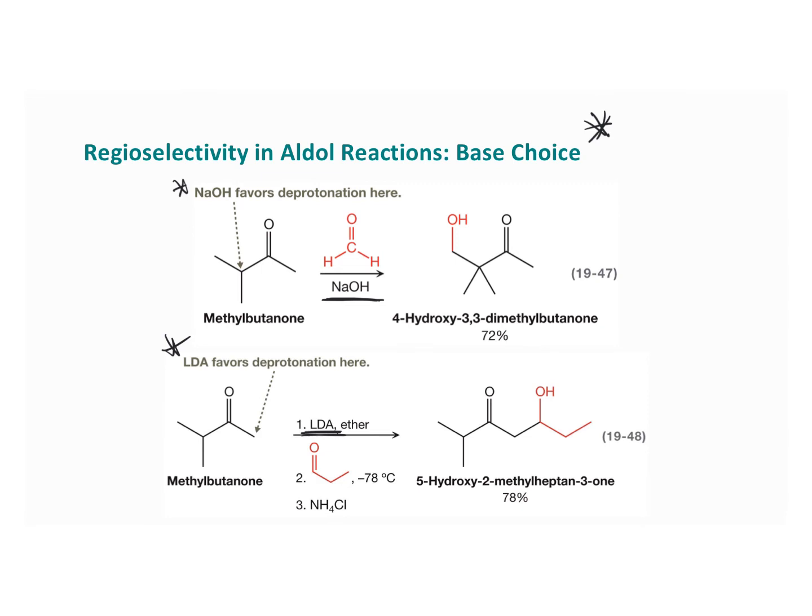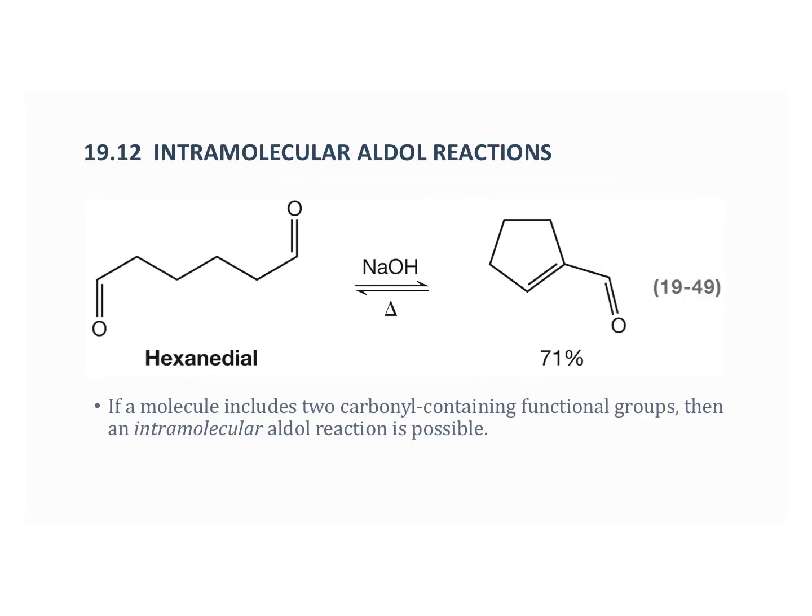And the answer would be yes. Of course that can happen, right? So what we're looking at here is hexanedione. Now hexanedione has two carbonyl groups, and so what can happen is an intramolecular aldol reaction can happen where one part of the molecule reacts with the other part of the molecule, forming a ring.